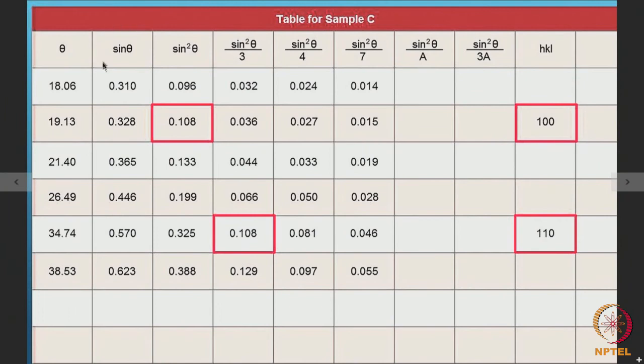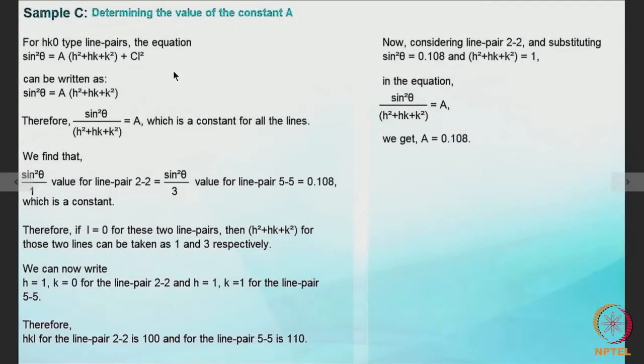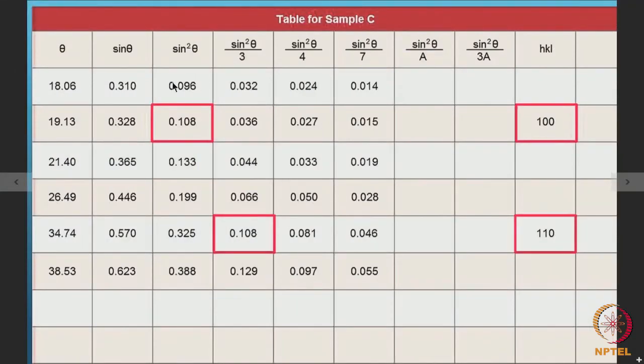So, you see that for the line pair 2, 2, the sin square theta by 1 becomes equal to the sin square theta by 3 value for the line pair 5, 5 and the value is 0.108. So, these are the values which we obtain.